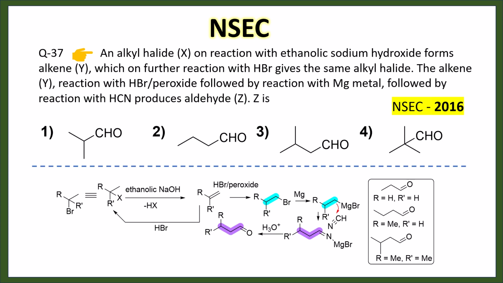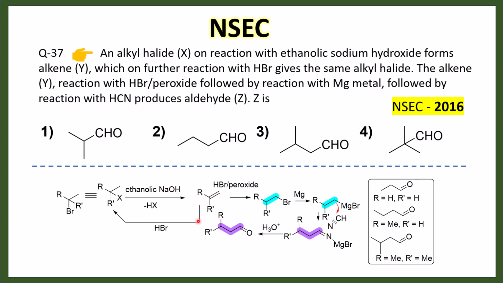Now question number 37: an alkyl halide reacts with ethanolic sodium hydroxide to form an alkene, and further reaction with HBr gives an alkyl halide. The alkene reacts with HBr and peroxide, followed by magnesium metal, followed by HCN, to produce aldehyde Z. So we have to find what Z is. Now we can see it is saying that the alkyl halide reacts with ethanolic NaOH to give the alkene.